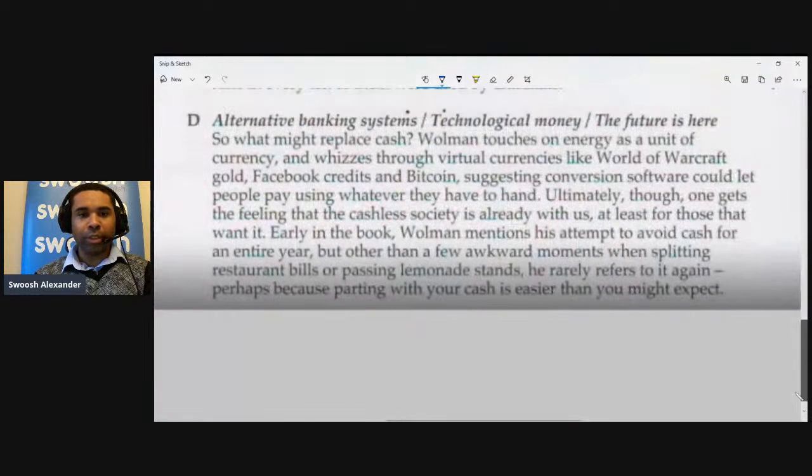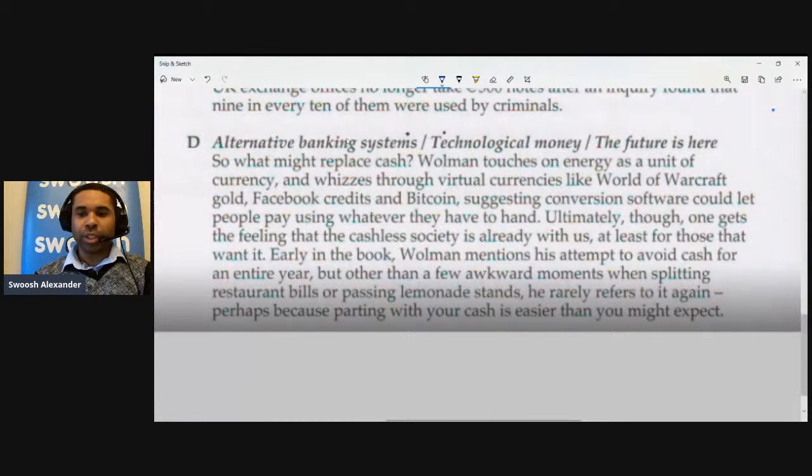So as we go to the final paragraph, alternative banking systems, technological money, or the future is here. So what might replace cash? So Warman touched on energy as a unit of currency. And we've got some examples of energy as a currency.